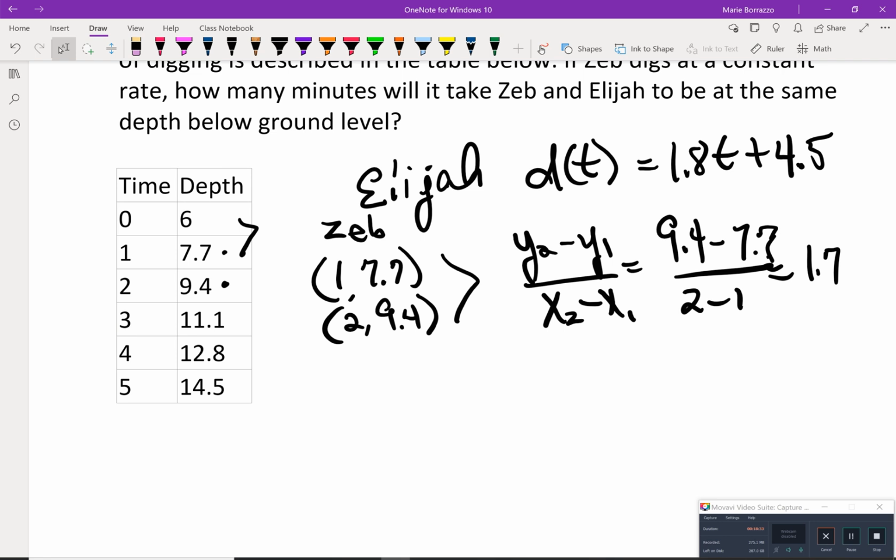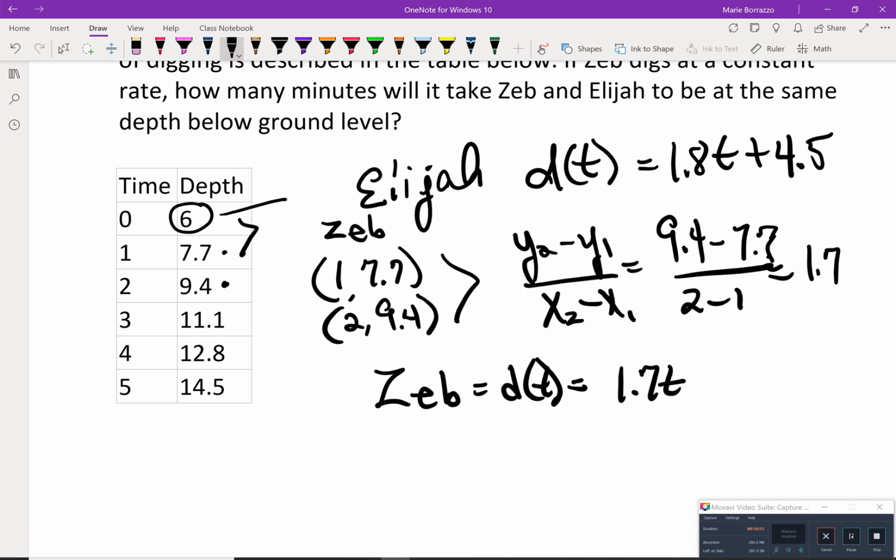That tells me that Zeb's equation, given that this is the intercept, when x is 0, y is 6, would be d of t is equal to 1.7 t plus 6.